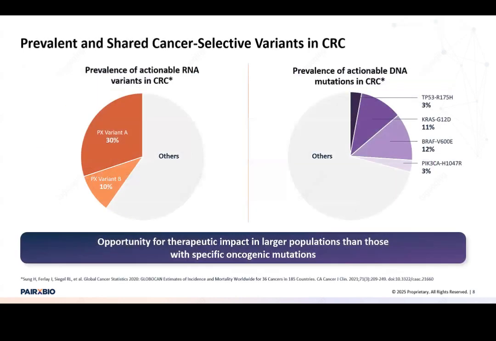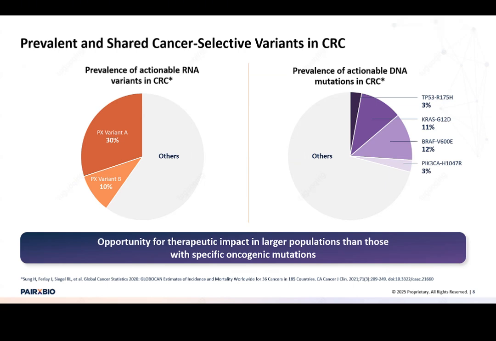So this next slide shows you the commercial opportunity for various targets in colorectal cancer. What we think is that cancer-selective variants offer the opportunity for therapeutic impact in larger populations than those with specific oncogenic mutations. What you see in this chart are two pie charts showing the actual mutations in colorectal cancer.